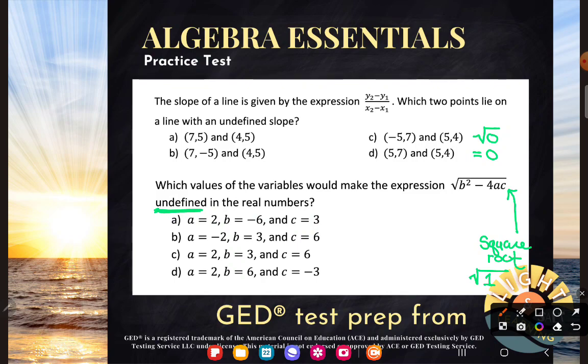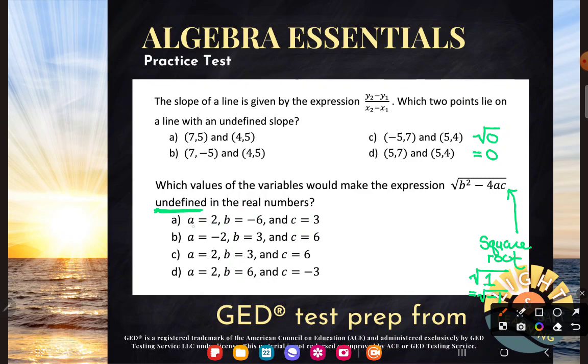Like, we can take the square root of 1, it's 1. We can take the square root of 0, but think of a number we can't take the square root of. -1. There is no number that if I square it would give me -1. Therefore, I cannot take the square root of -1. Let me say that again: we cannot take the square root of a negative.